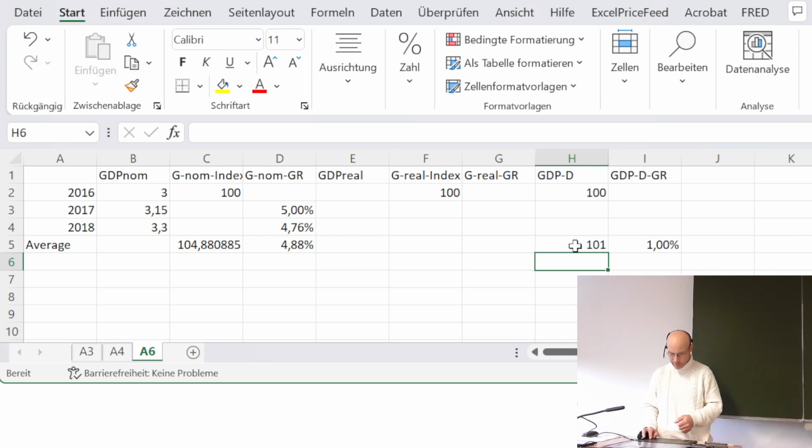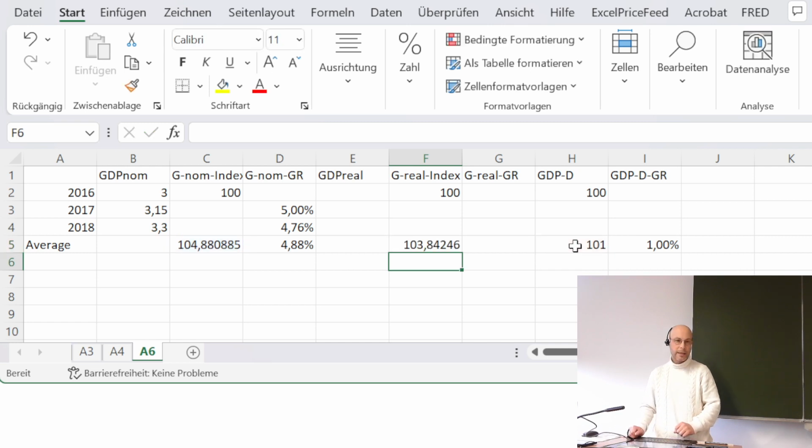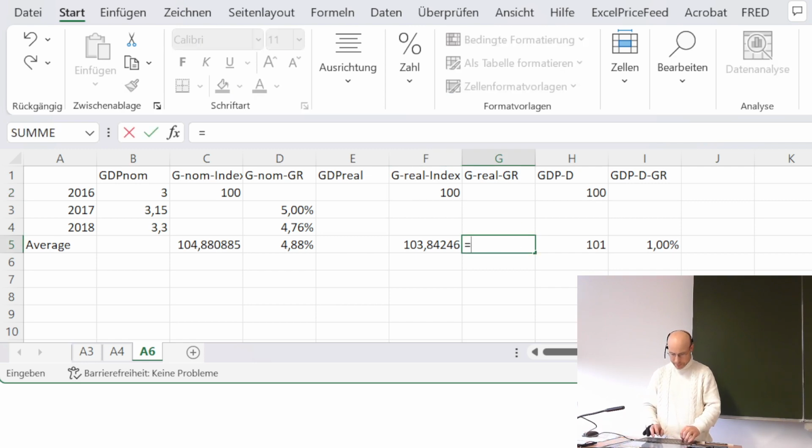And then the definition of real GDP is the nominal GDP index divided by the GDP deflator times 100. So 104.88 divided by 100 times 100 is our index on average, and the average growth rate is then 103 minus 100 divided by 100.